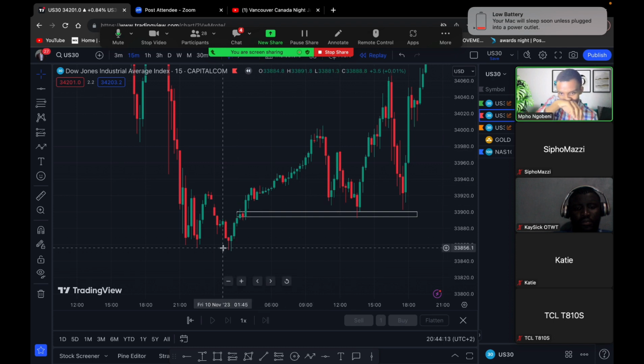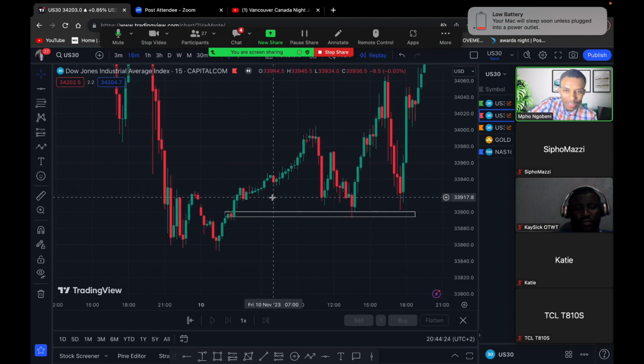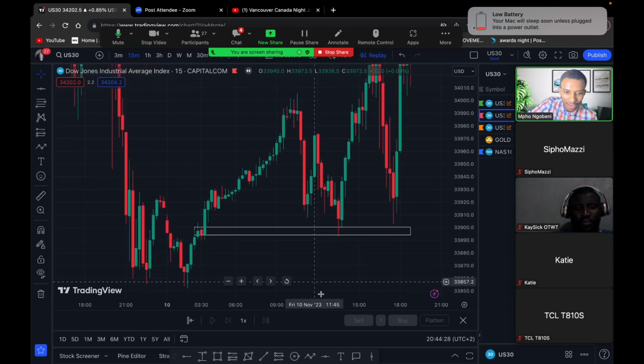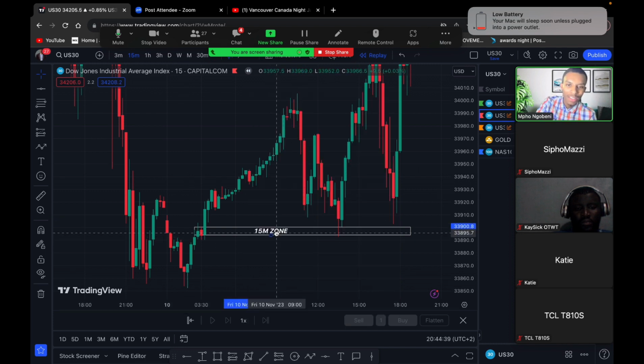We saw a lot of green candlesticks, and out of nowhere a red candlestick appeared and it continued green, green, green. That was called the 15-minute zone. So again, if you've been following my signals, you'll see me sending something like that.